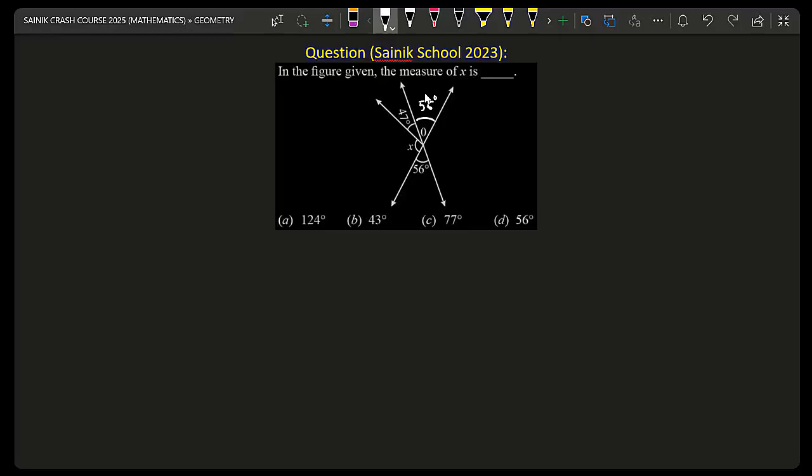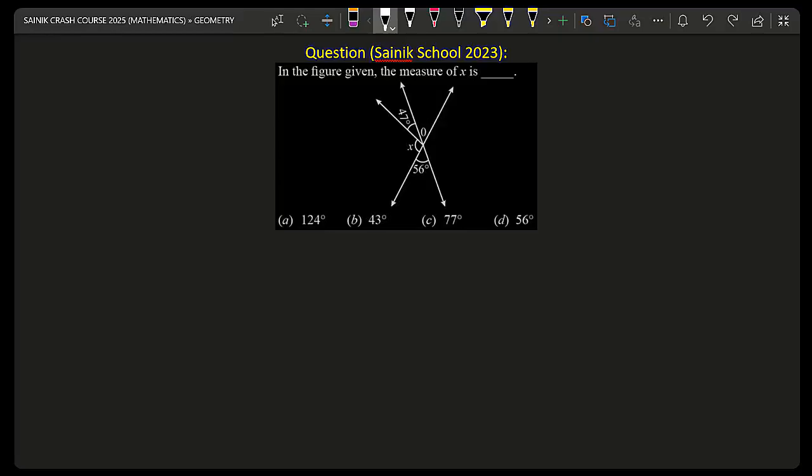And by adding 56 and 47, and then you have to subtract it from 180. You may be giving the correct answer because you are using all the angles involved. But there is an easier way of doing this.